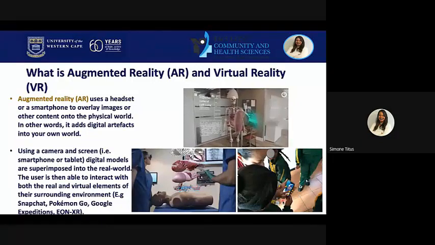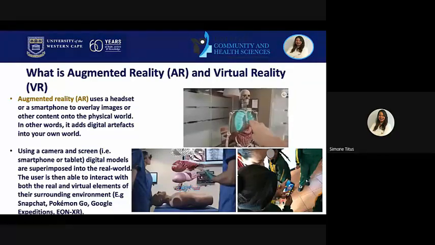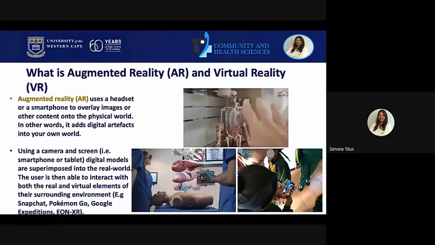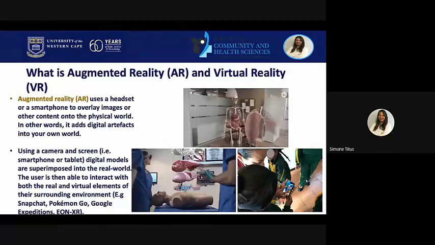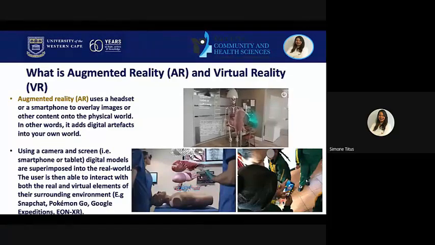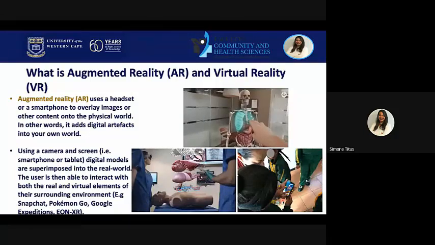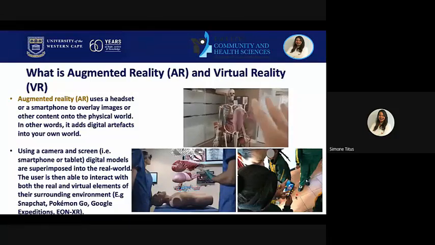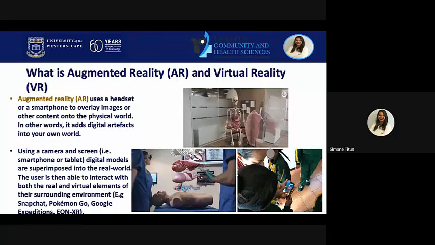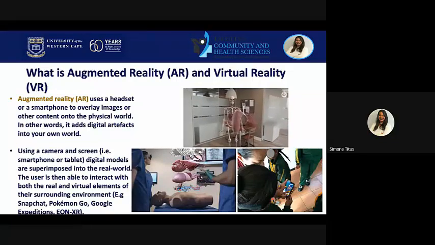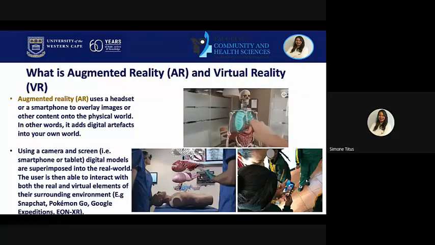Examples of this are Snapchat, Pokemon Go, Google Expeditions, and in my space, I use the Eon XR technology or the AVR platforms to do that. But I also often use, with younger children, Google Expeditions to teach things like exoskeletons or whatever the case might be.